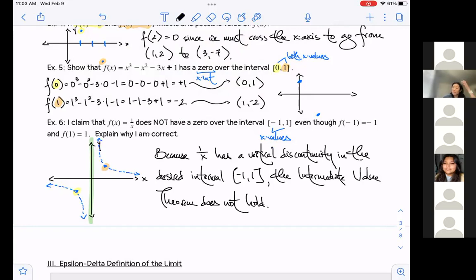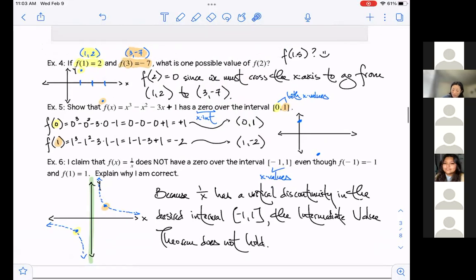Okay, so that would be a very clear way of saying that, in fact, we have to have only continuous functions to apply this theorem. In other words, the assumption in example 4 and 5 was that these were both continuous functions. Okay.